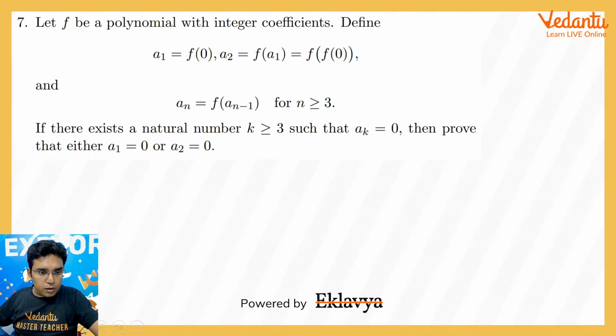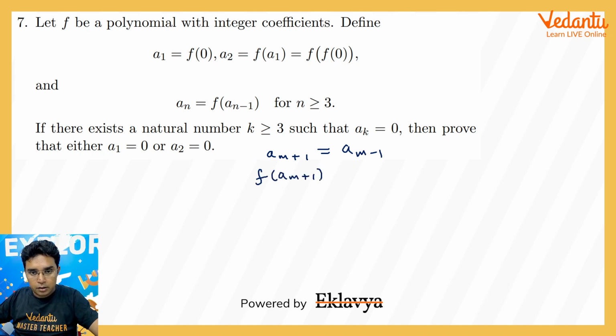So we proved that a_{m+1} is equal to a_{m-1}. Now, if I take the value of this polynomial over these numbers, so this will be like this. Here we will get a_{m+2} is equal to a_m.